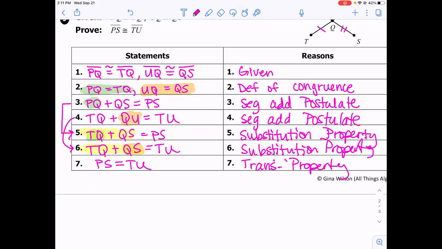And you also need the congruent symbol. Is this what we need? No, but we know that the definition of congruence tells us that we can make those two congruent. Okay, number 8. Just write it underneath.